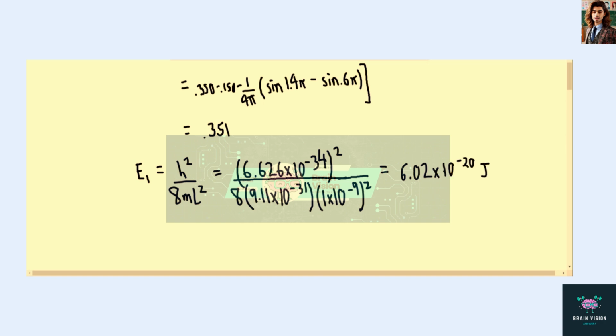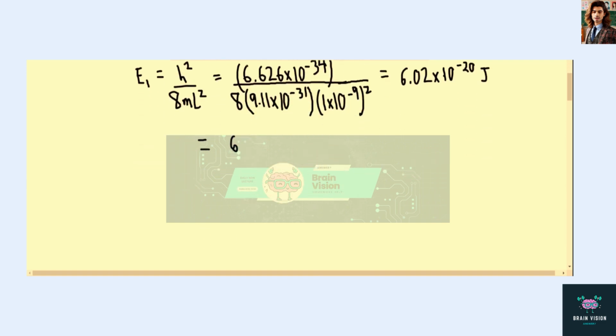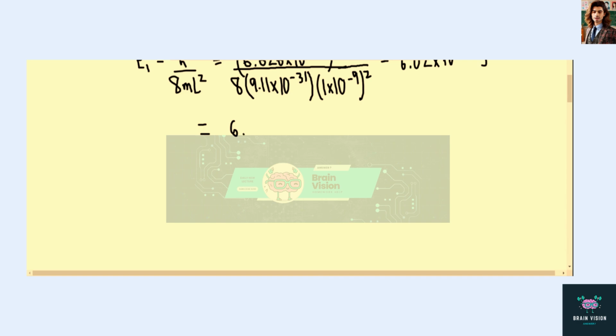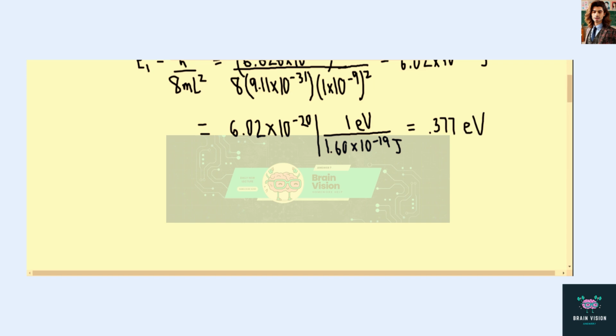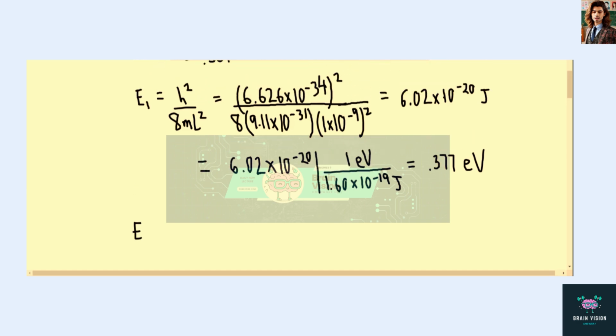And we get an energy in joules, which is the SI unit for energy. We'll want to convert that to electron volts. It's just more convenient to work in electron volts on this scale. And we have 0.377 electron volts. Now, to get E2, we don't have to do much calculation.